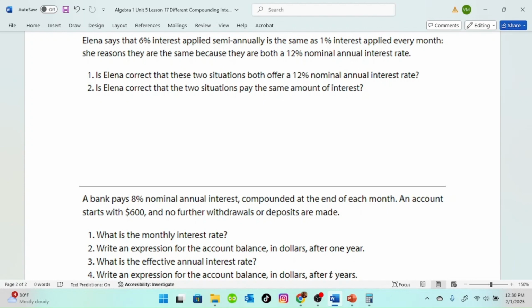So, for number one, nominal annual interest equals the interest rate times the number of applications.